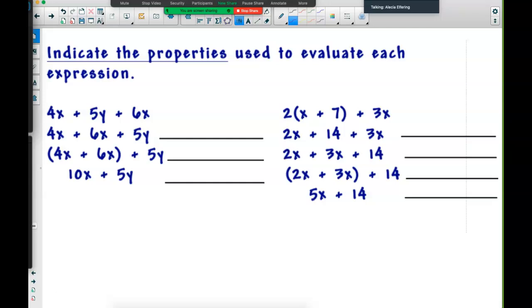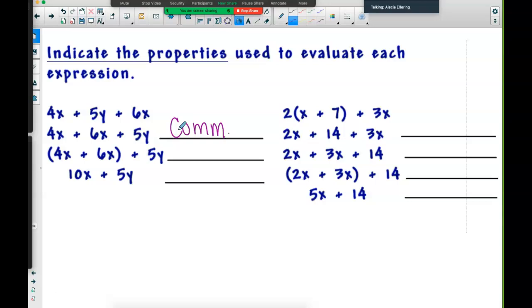What did I do there? Did I group things or change the order? I just changed the order. And what property is that? That's the commutative property.